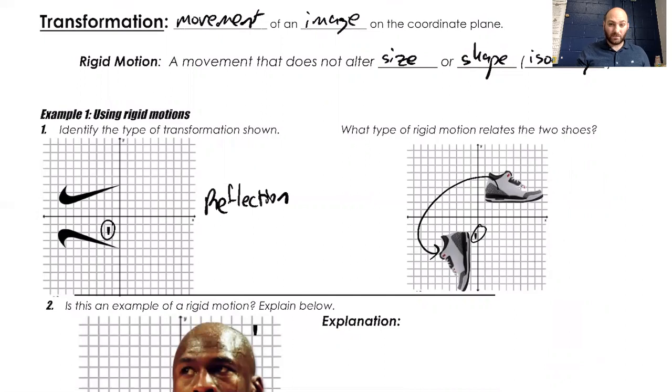Not quite. If you have it on a piece of paper, try physically rotating this. It's not going to look quite the same way. What this actually did was it reflected again, but it reflected on an angle. This is another reflection, but it's a reflection on this angled line instead of a horizontal or vertical line.